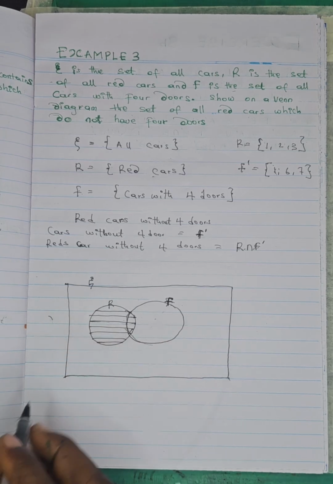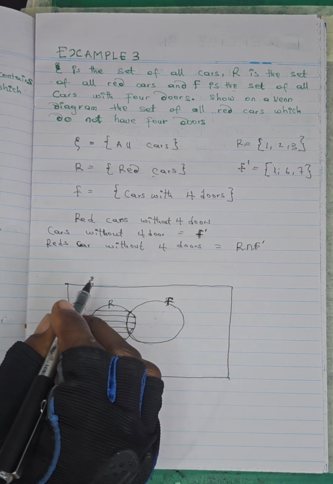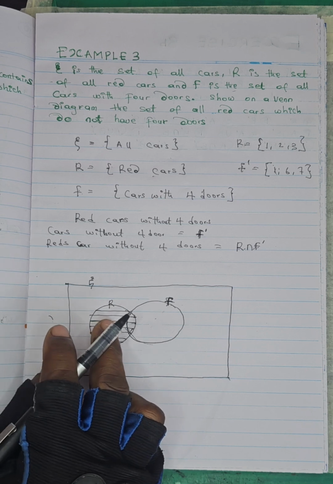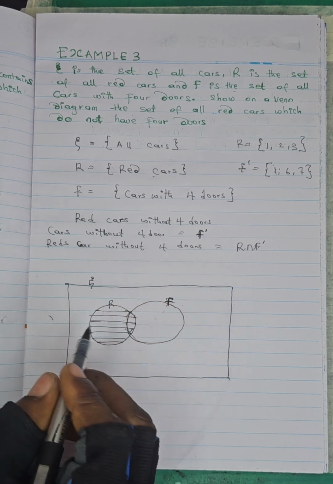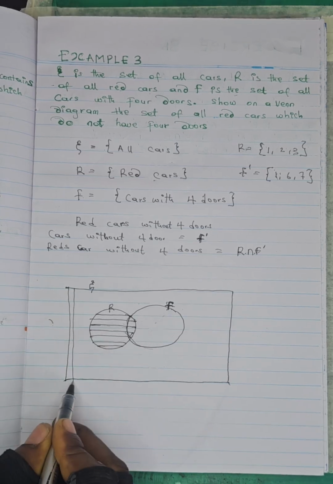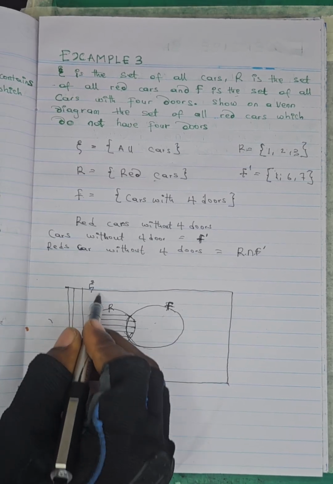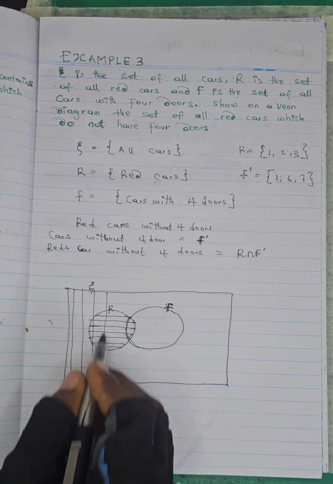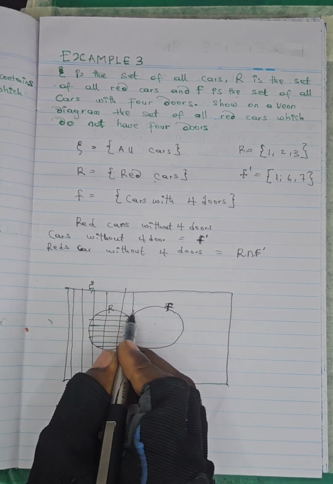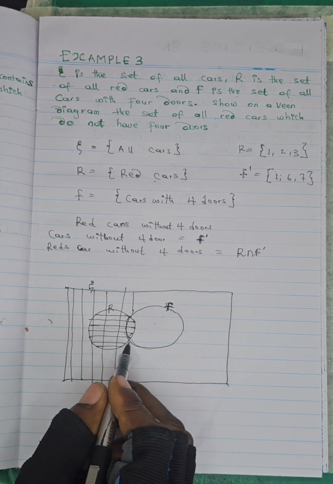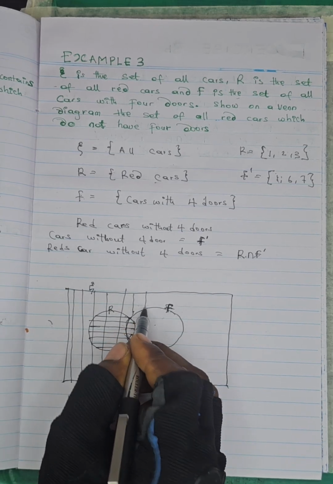Next, let the vertical line represent our F complement. Since it's F complement, we are not going to touch inside here, so inside here will remain blank.